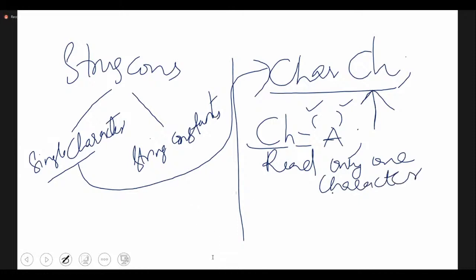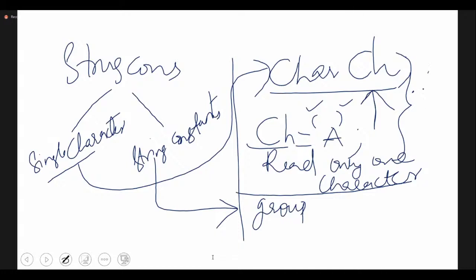Now, when you are talking about string constant, string is nothing but a group of characters. And to read your single character constant, we use %c. String constants are nothing but a group of characters, and you call it a string. Here you can read n number of characters into a string depending on the size you define, like this acting as your character array.